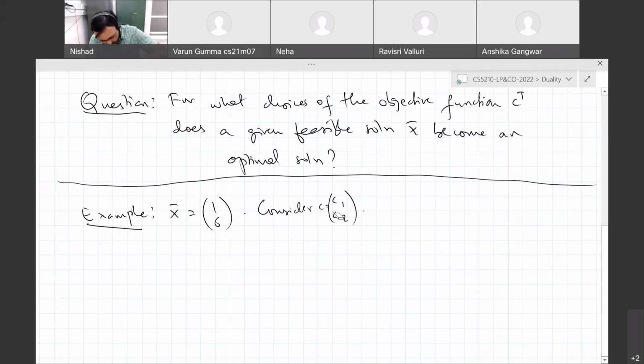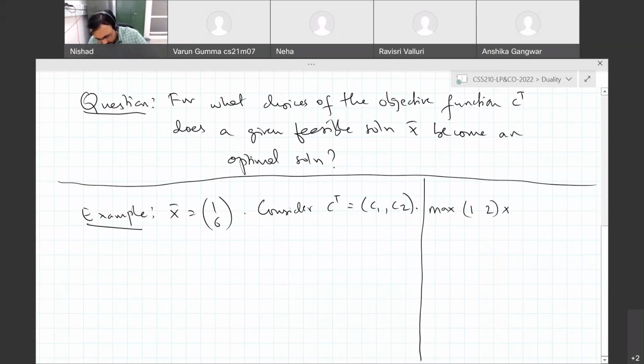Maybe I should consider C transpose equal to C1, C2. And let me also write down the general form here. So we are maximizing C transpose x subject to the given constraints, which I'm going to write down in the usual matrix vector format.